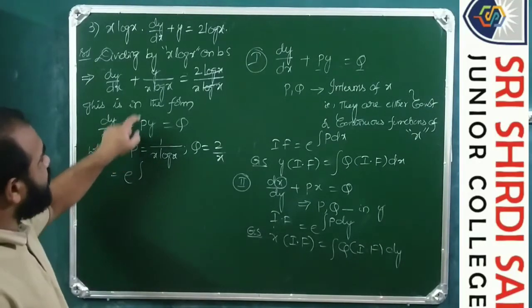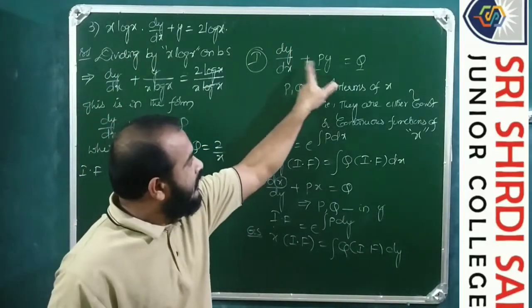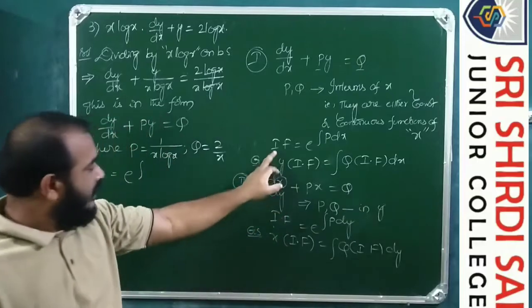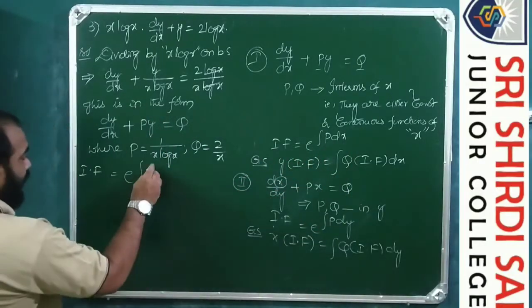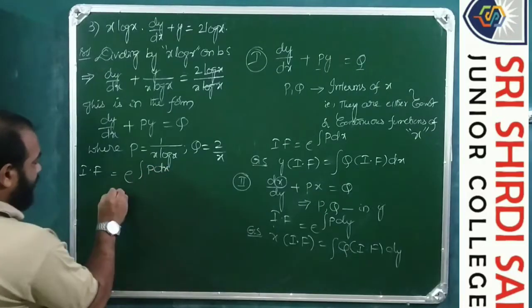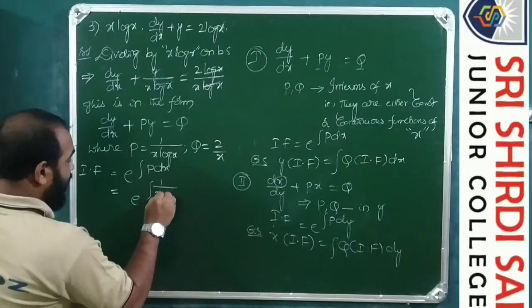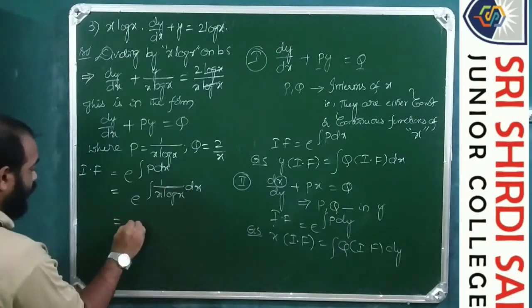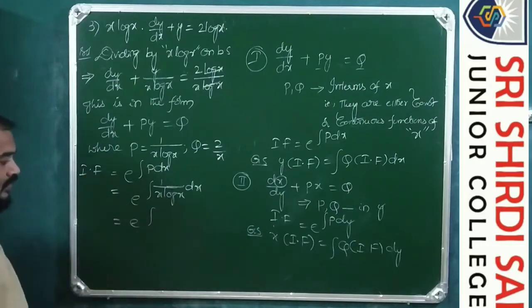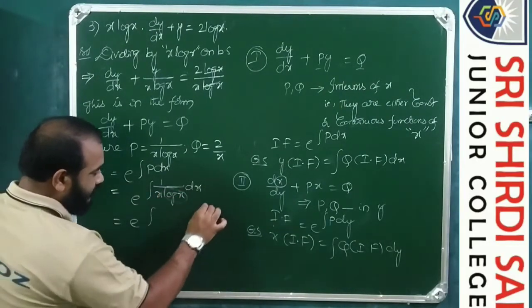So the integral factor is e power integral p dx, that is, e power integral 1 by x log x dx. I will take log x to be t.